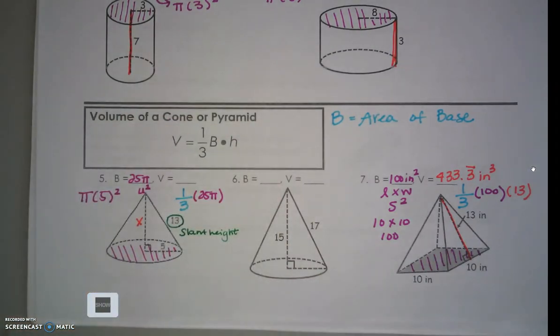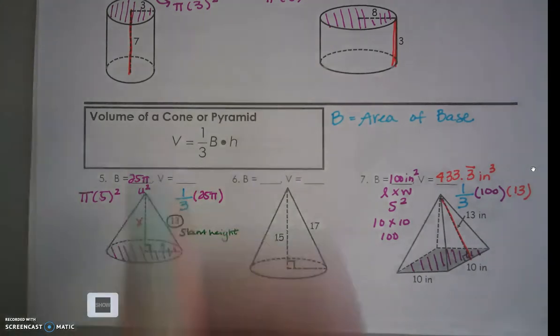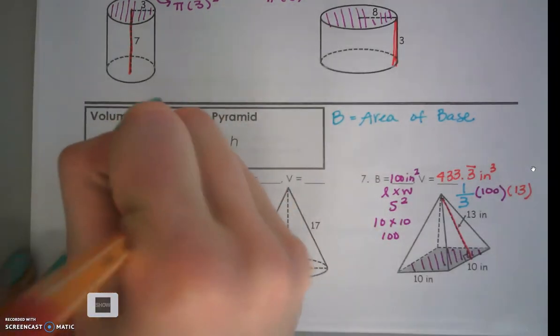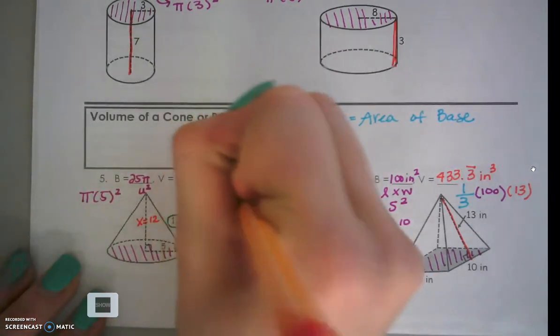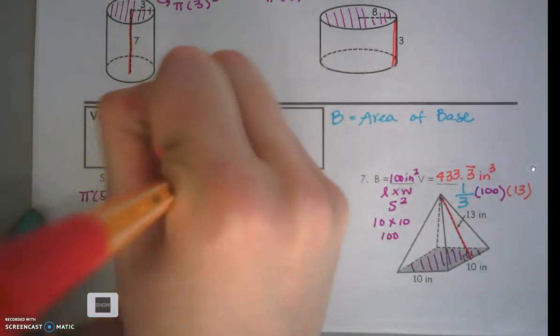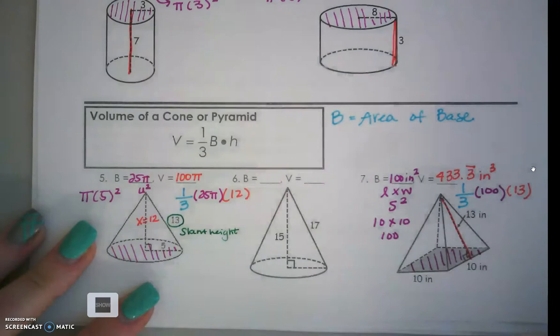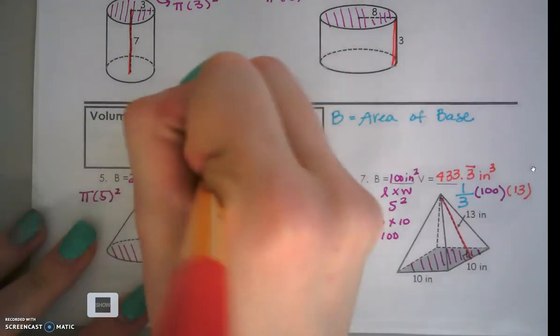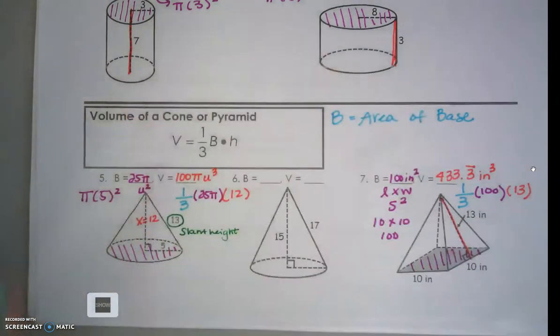Hopefully you know it's the Pythagorean theorem, and this is a Pythagorean triple, so my height is 12. So in my calculator, I'm going to multiply 25 times 12, and I'm going to divide that by 3, and I get 100, and I'm still going to leave pi in my answer, and this is units cubed.